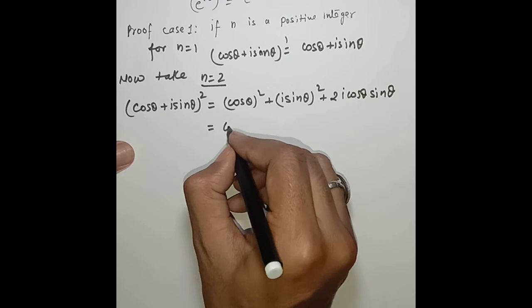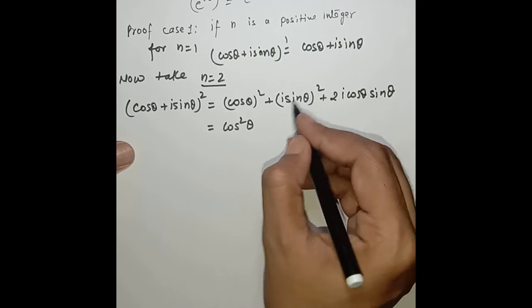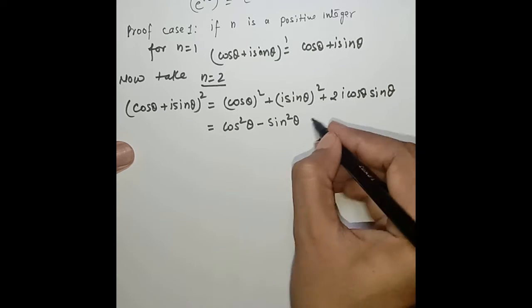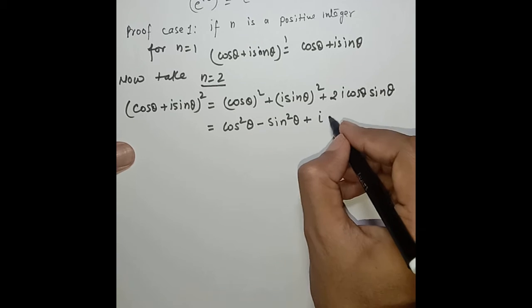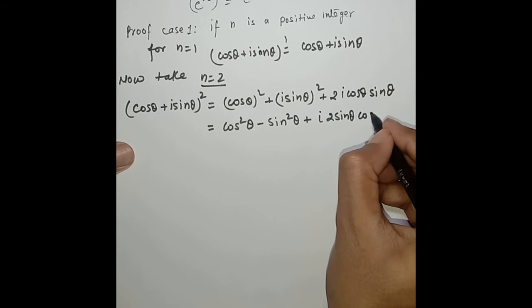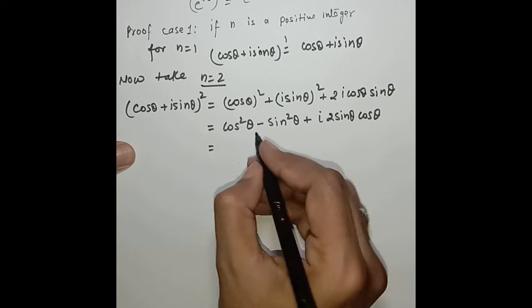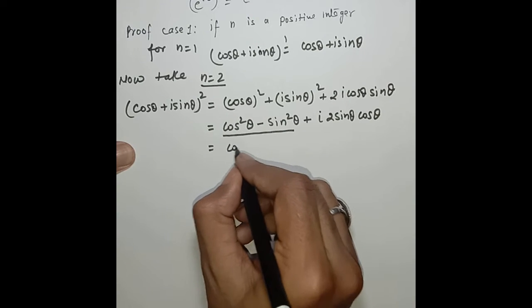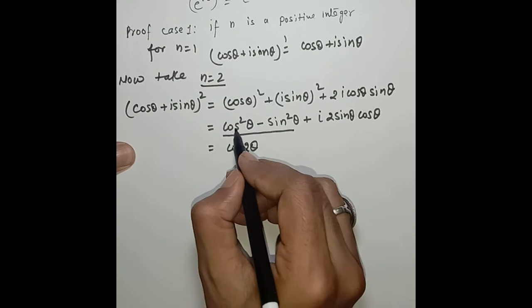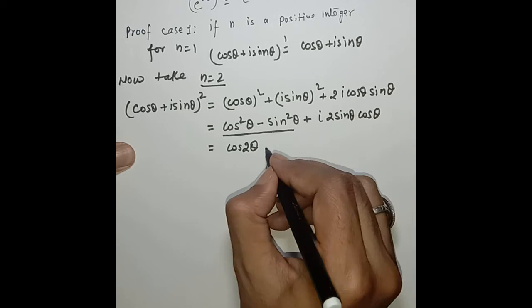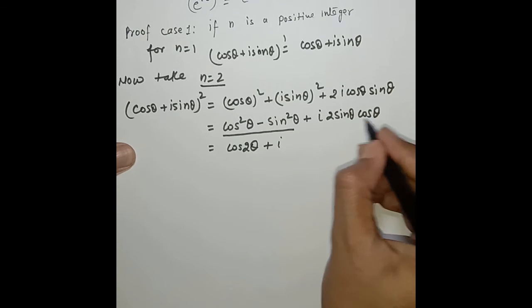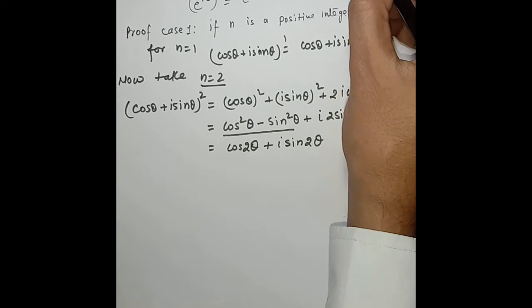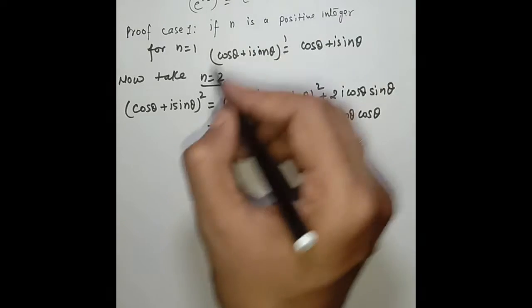This is equal to cos square theta, and i square is minus 1, minus sin square theta, plus i times 2 sin theta cos theta. This is the formula of cos 2 theta: cos 2 theta is cos square theta minus sin square theta, plus i times 2 sin theta cos theta, which is sin 2 theta. That means equation number 1 is true for n equal to 2.